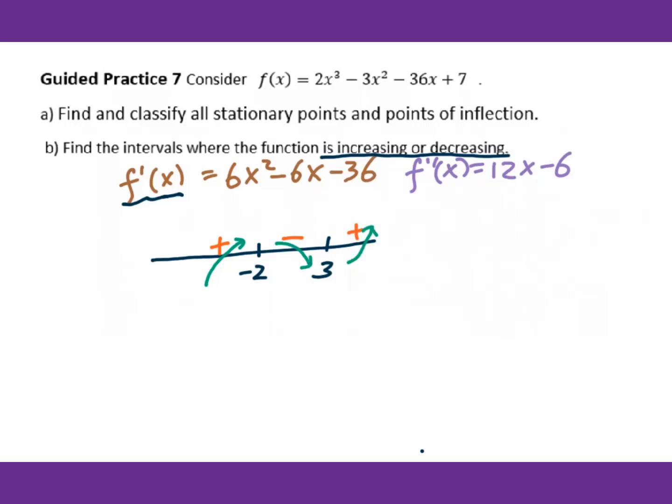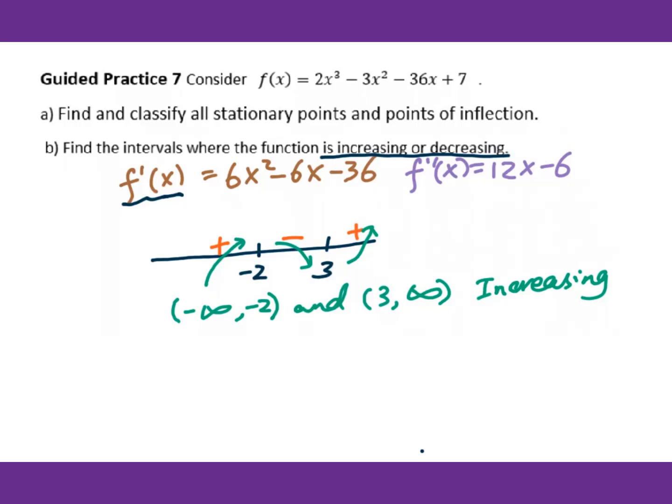So we can write down the solution: from negative infinity to negative 2, and from 3 to positive infinity, this is an increasing interval. And from negative 2 to 3, that's a decreasing interval.